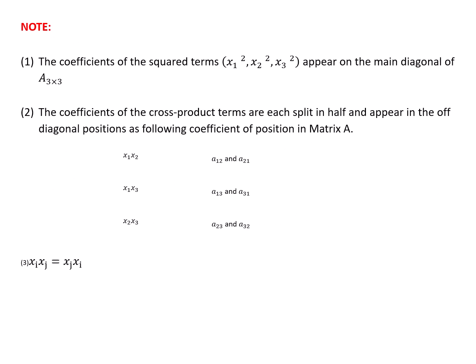Note, the coefficients of the square terms, x1 square, x2 square, x3 square, appear on the main diagonal of the 3 by 3 matrix.